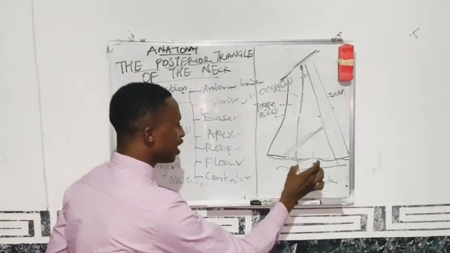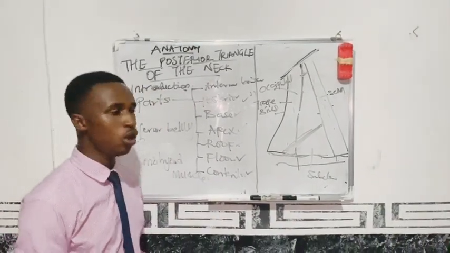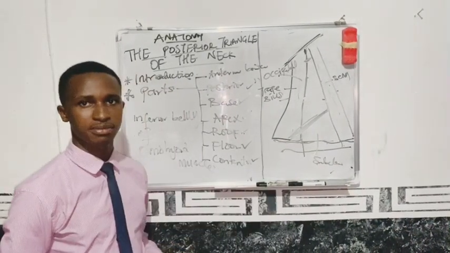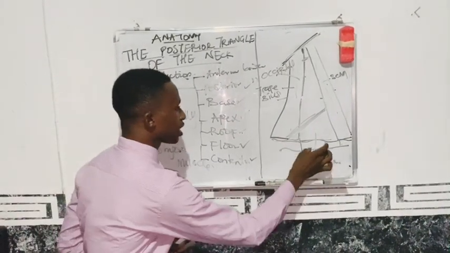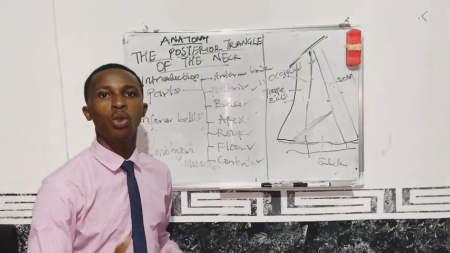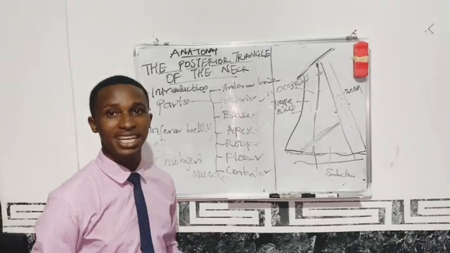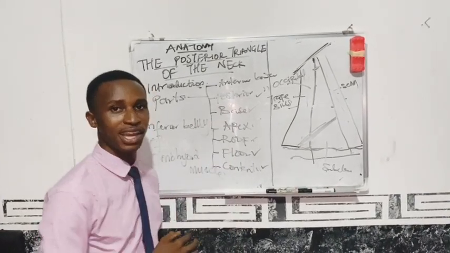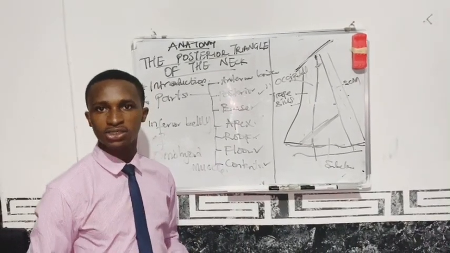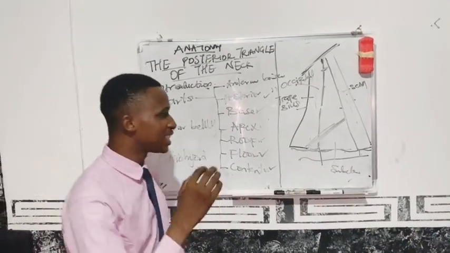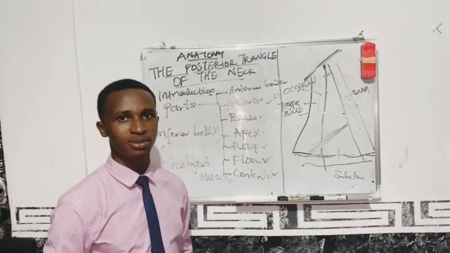And this triangle is called the subclavian triangle because the subclavian artery is located deep to it. The subclavian triangle is also referred to as the omoclavicular triangle. So you can say the posterior triangle of the neck is divided into occipital triangle and the omoclavicular triangle. You are correct, because the omoclavicular triangle is the same as the subclavian triangle.